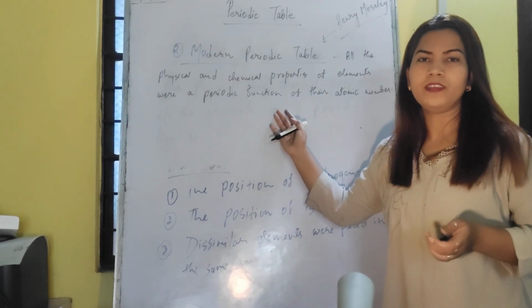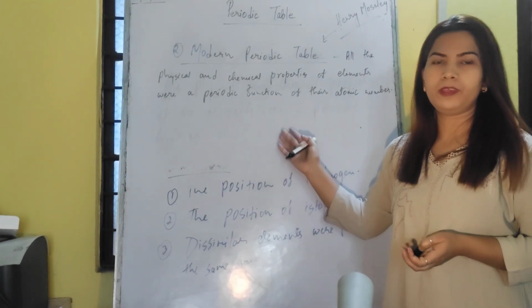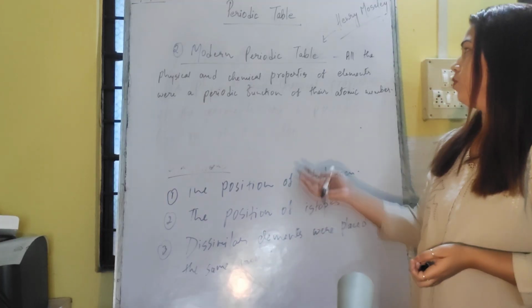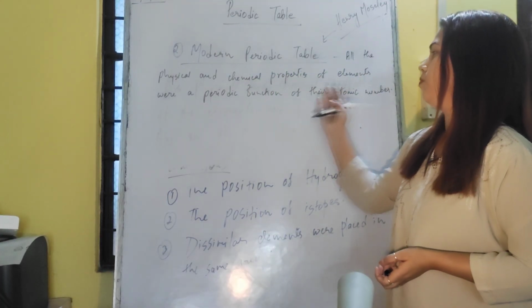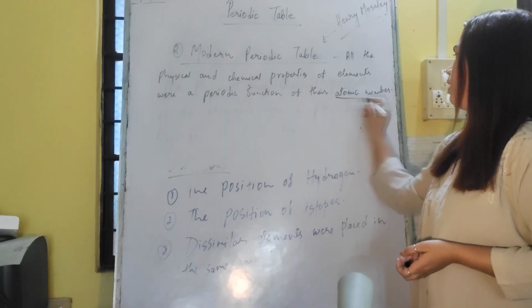This is a very important statement as it has been asked in most of the exams like JEE Mains and NEET. So all the physical and chemical properties of the elements are a periodic function of their atomic number and not atomic masses.